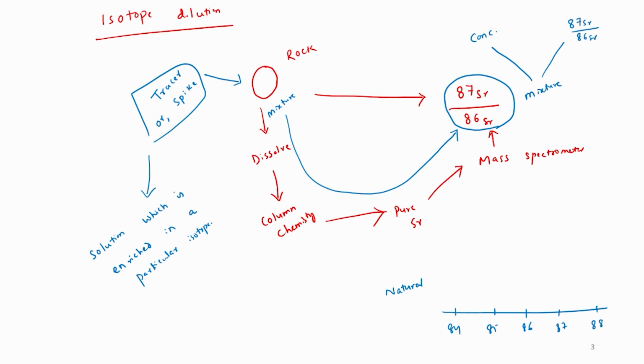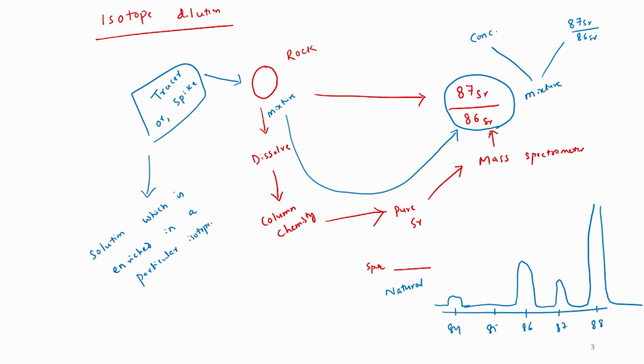So, in case of strontium, 84 is very small, 85 is less, 86 is around 10%, 87 is about 7%, 88 is around 84%. So, this is the natural signature. You will add a spike which is enriched in a particular isotope.